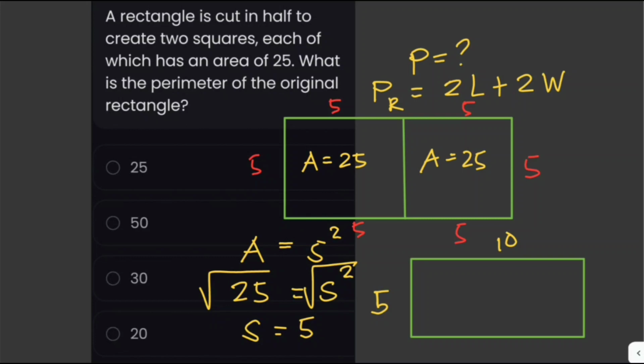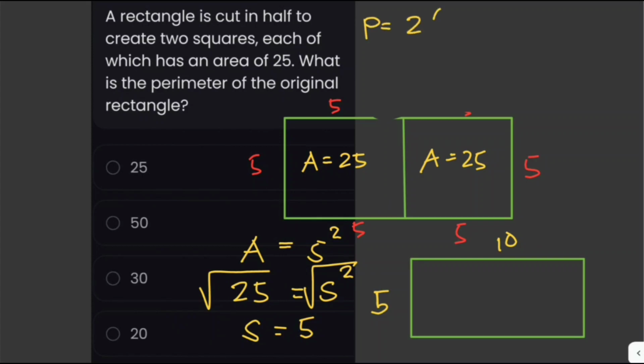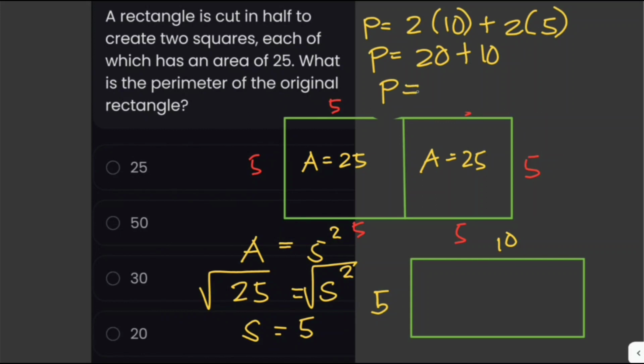So perimeter is just equal to 2 times the length, which is 10, plus 2 times the width, which is 5. So this is just equal to 20 plus 10. Therefore, the perimeter is just equal to 30. So this is our answer here.